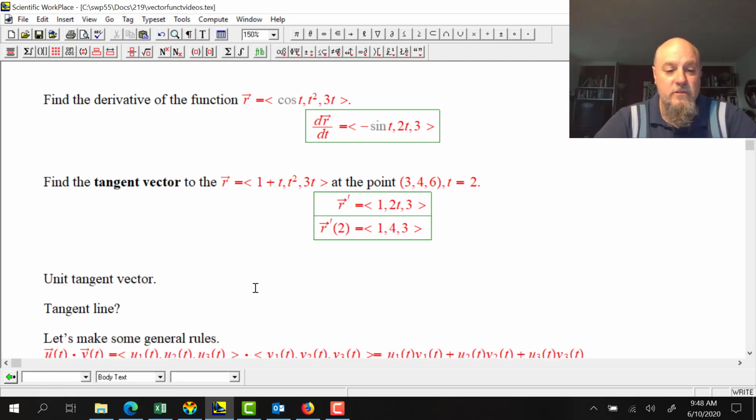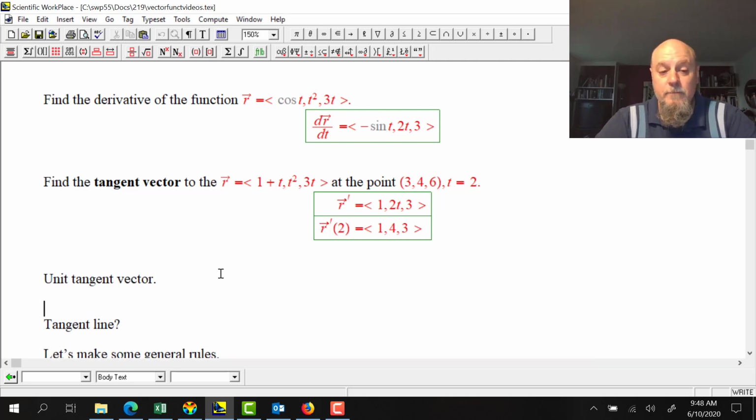So here's our other questions. What about a unit tangent vector? Now, I have a vector. If I wanted to make it a unit tangent vector, I need to scale out its length. So I need to know what's the magnitude of this vector.